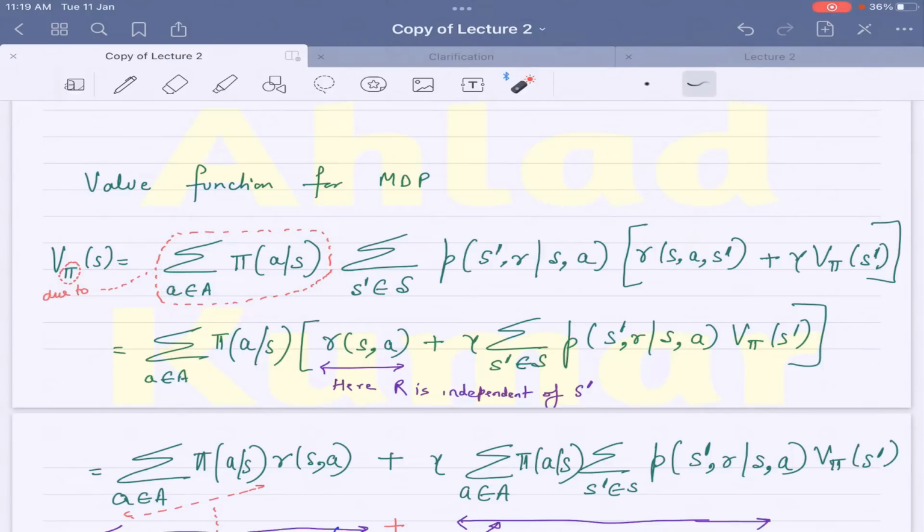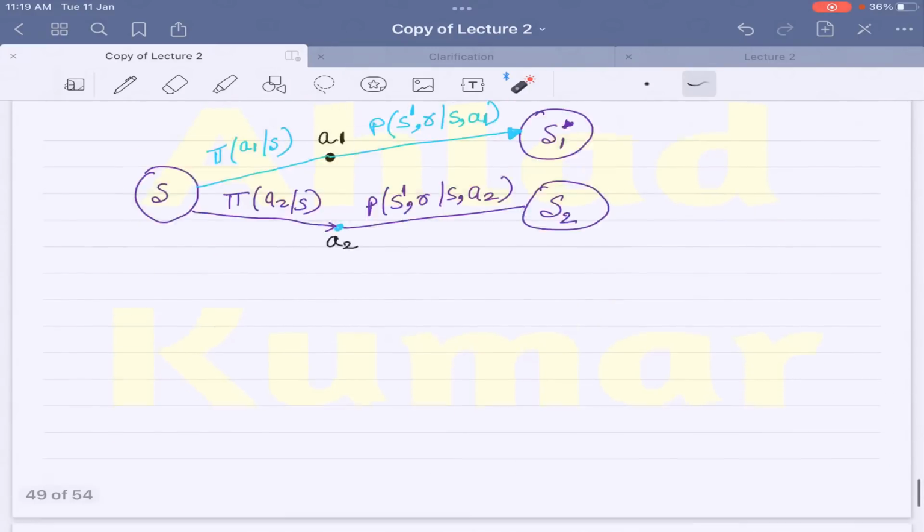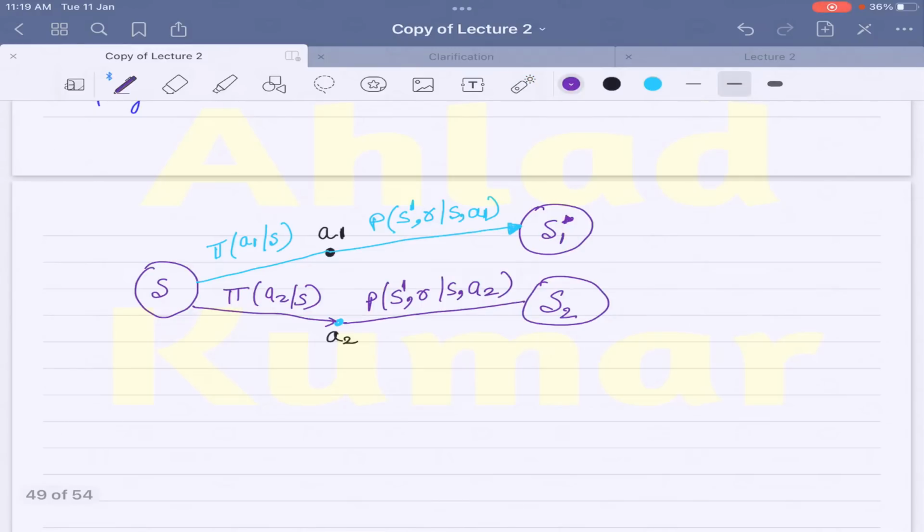So now you can clearly see that we have the reward function, which is basically the function of S, A and S prime. So if you want to note down the reward function here, it will be like this: S, A2, S2, and this reward function will be denoted here as S, A1, S1.